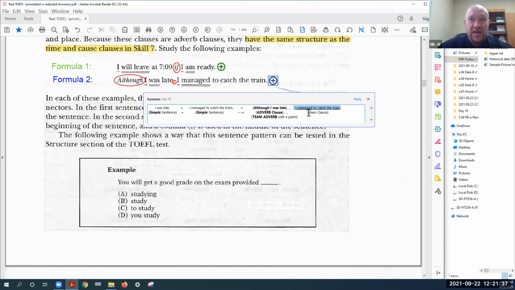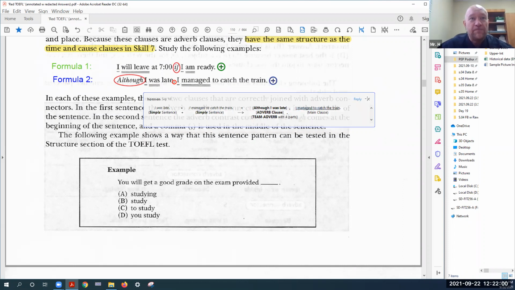So where's the main clause? I managed to catch the train. And what is this? Adverb clause. Why is this an adverb clause? Because of the connector. Right, same as before, it describes the verb managed to catch the train. Okay, although.